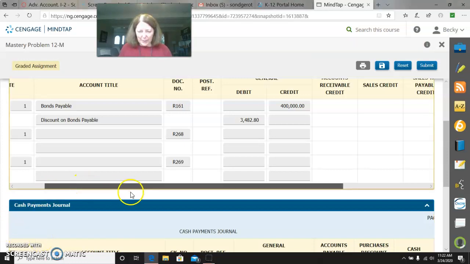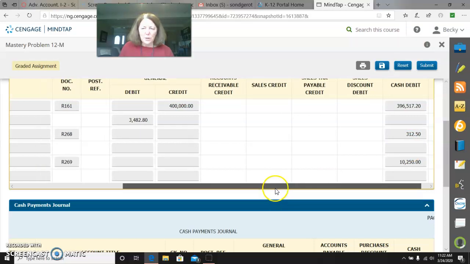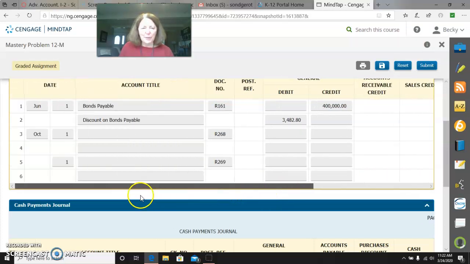The first thing, again, that I like to do is get the cash debit. So I would take the face value of the bonds times the stated interest rate of 6.25% times 1/2, and I would get $312.50. So that's the amount of the cash debit.